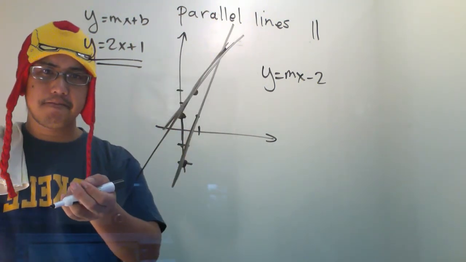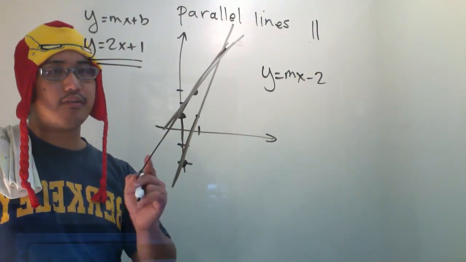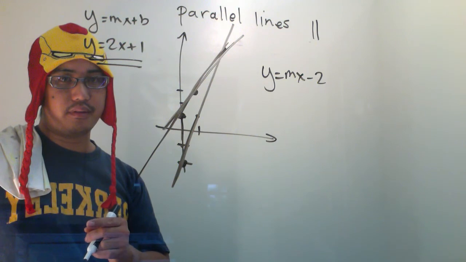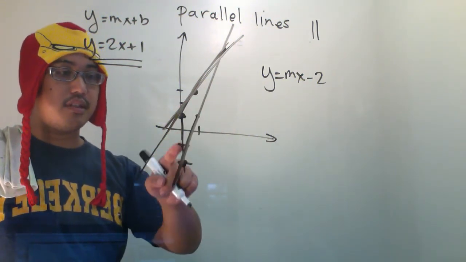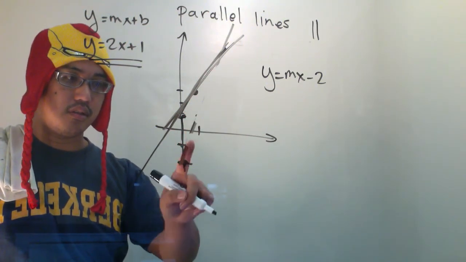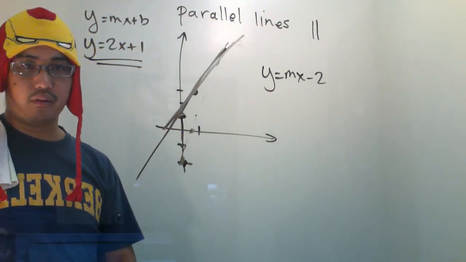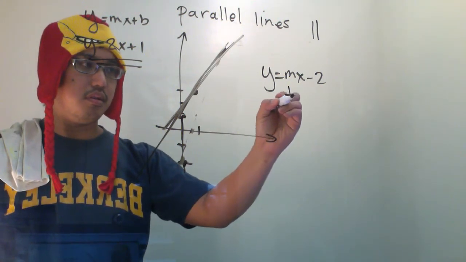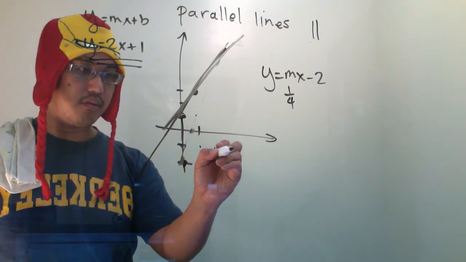You guys see what I mean? I'm trying to make it so that they'll never cross, they'll never touch each other. So I can't have this slope be 3 over 1. That won't work. Let's try a smaller slope, maybe 1/4. So that means I go up 1 across 4. 1, 2, 3, 4.